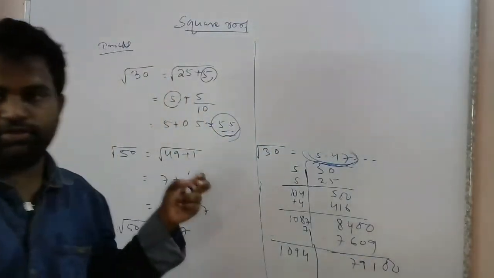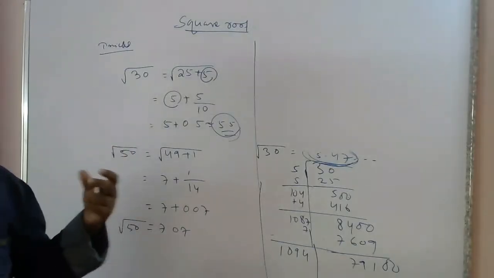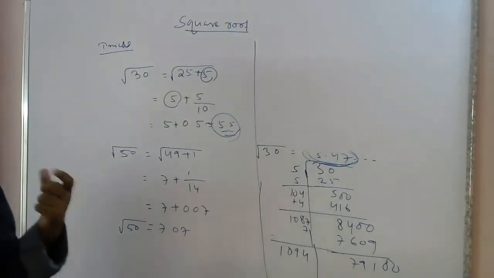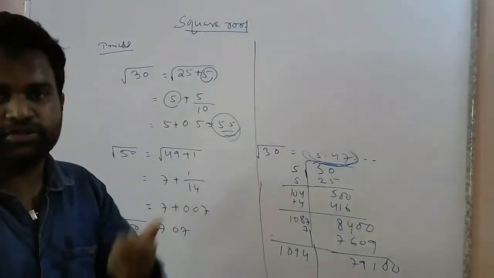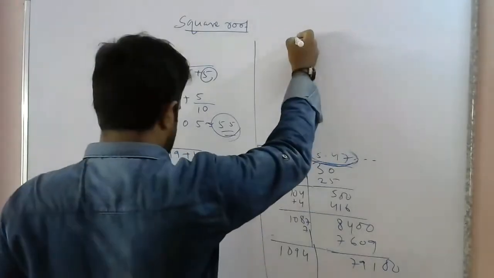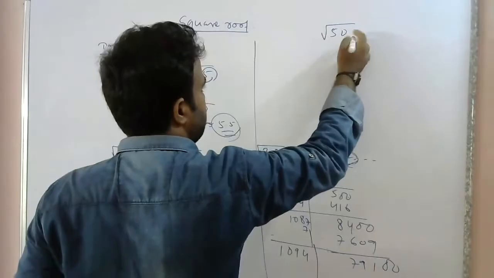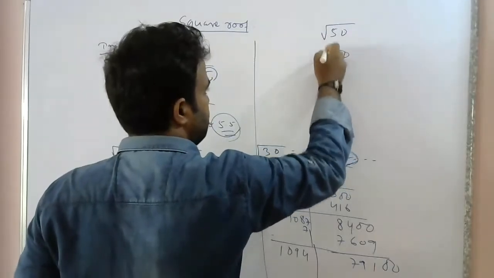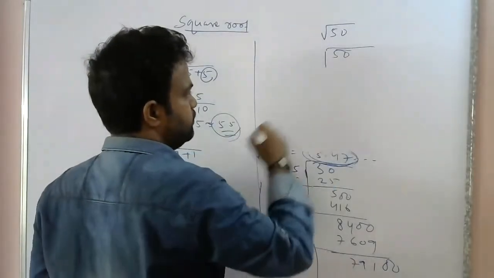Then I'll also tell you, if 25 is the last two digits of a number, then how will you find the square root easily? So let us find the root of 50 first. You do it with the long division method. Two digits only, so both will go simultaneously.